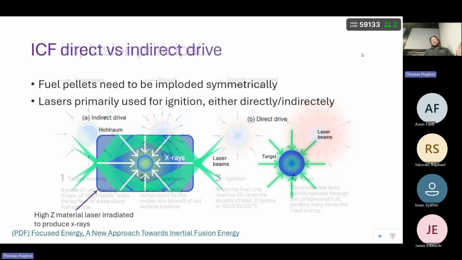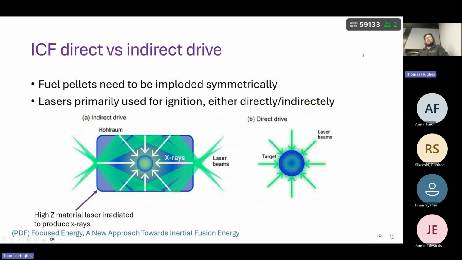So there's two ways they generally do this with the lasers. You've got direct drive or indirect drive. Direct is on the right and indirect is on the left. You generally need a symmetrical laser focus on it, and then you'll get your implosion. Direct drive is just firing lasers straight at the pellet, whereas indirect drive, which is more popular for power plant design, uses a hohlraum, I think it's called, where you fire the lasers in.